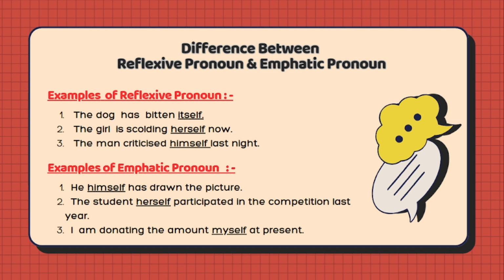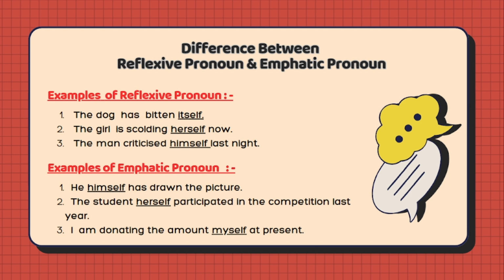Now let us see the examples of emphatic pronoun. What are the conditions to be fulfilled to make the self form an emphatic pronoun? First one. The self form should be written immediately after the subject or immediately after the object. That is the first condition.